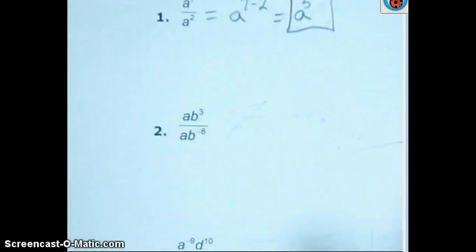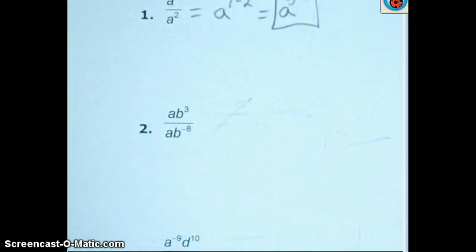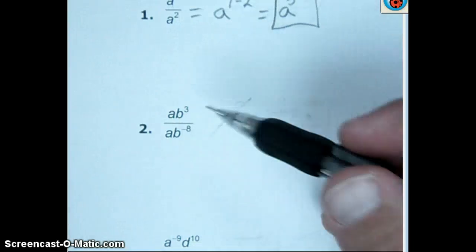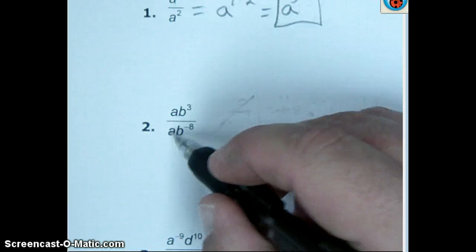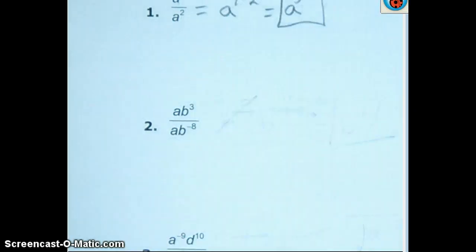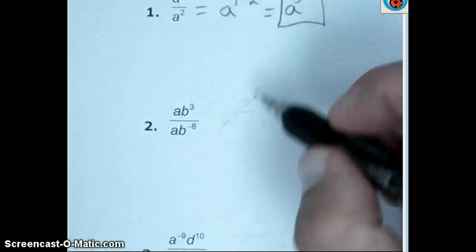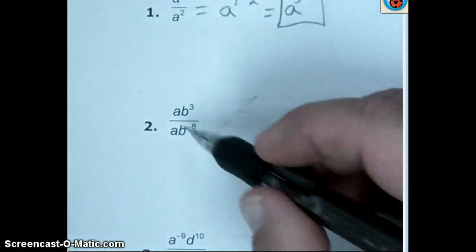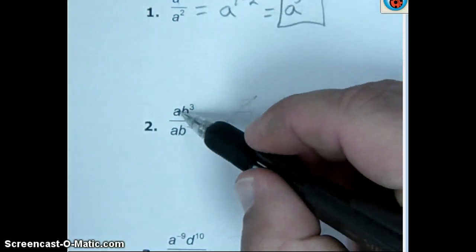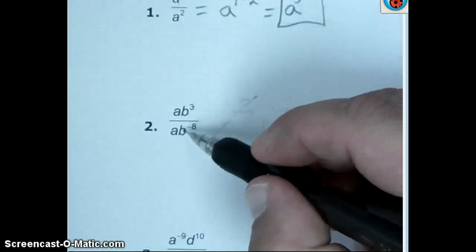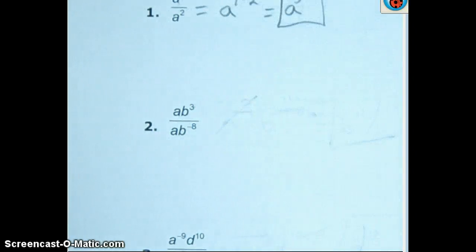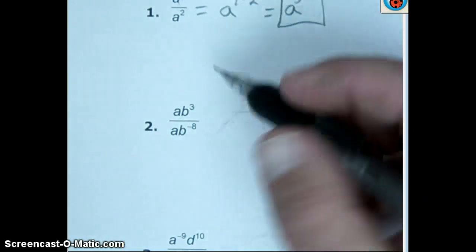Now, if you get to a problem that has different variables in there, you take them separately. Remember, the law only works if you have the same bases. So for example number 2, I have a b to the 3rd over a b to the negative 8. Think of them as separate. This is a divided by a, and b to the 3rd divided by b to the negative 8.